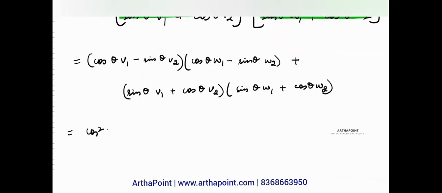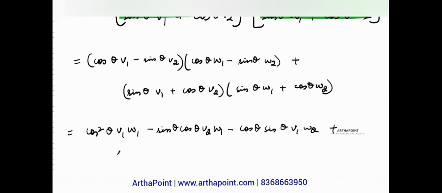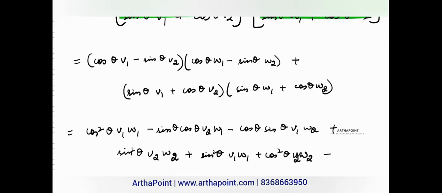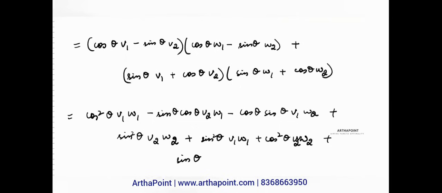This will be cos square theta V1 W1 minus sin theta cos theta V2 W1 minus cos theta sin theta V1 W2 plus sin square theta V2 W2 plus sin square theta V1 W1 plus cos square theta V2 W2 plus sin theta cos theta V1 W2 plus cos theta sin theta V2 W1.